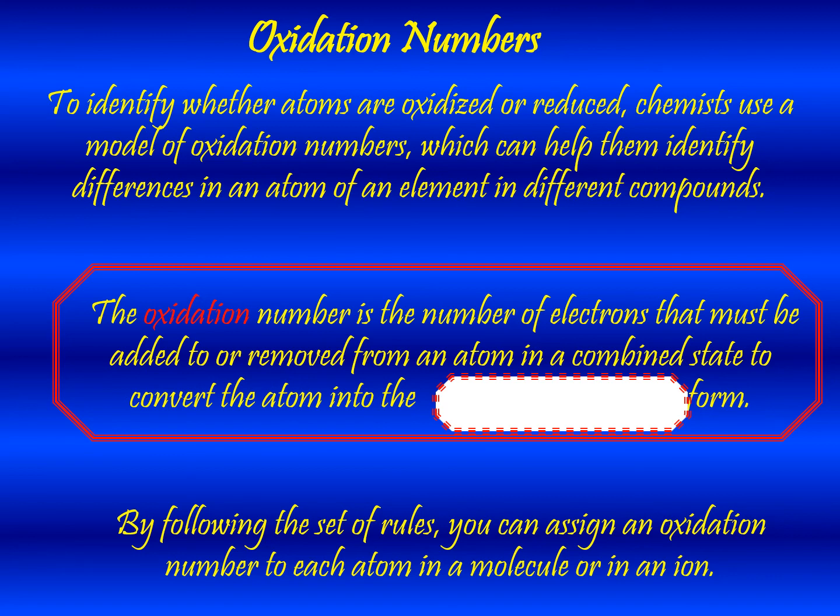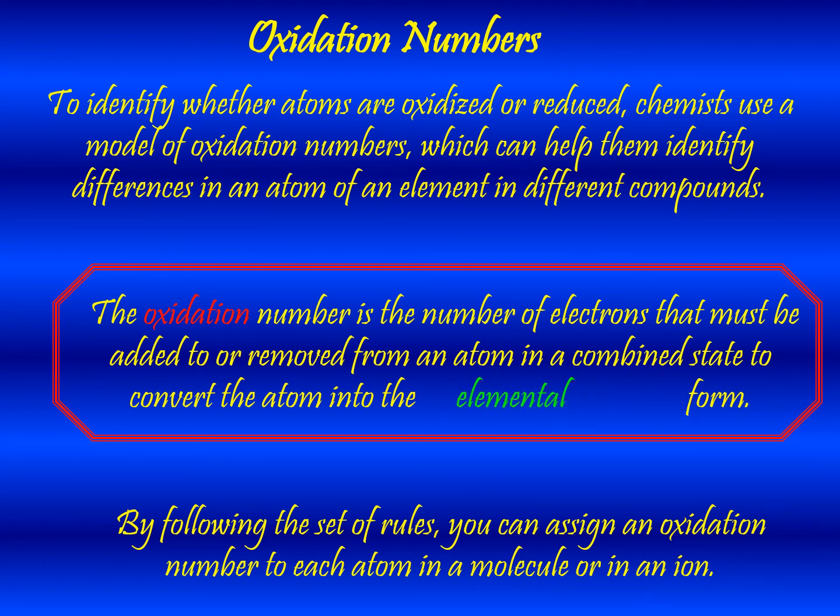Okay, so to identify whether atoms are oxidized or reduced, chemists use a model of oxidation numbers, which can help them identify differences in an atom of an element in different compounds. So the oxidation number is the number of electrons that must be added to or removed from an atom in a combined state to convert the atom into the elemental form.